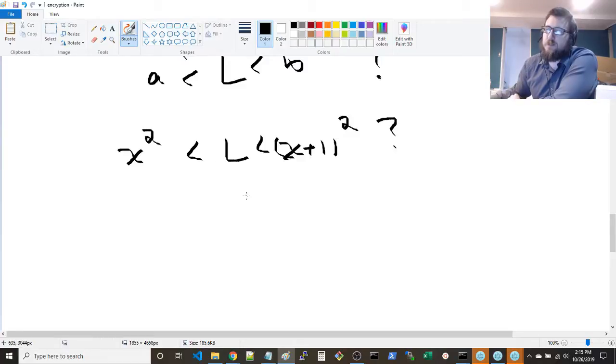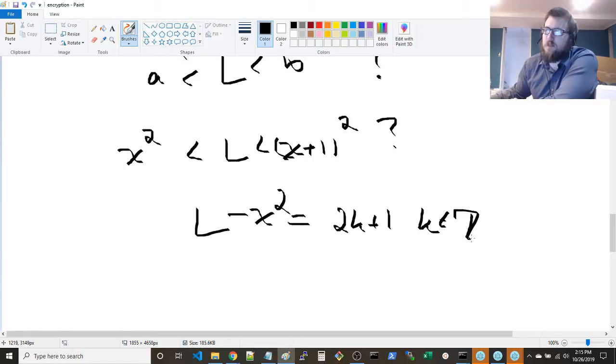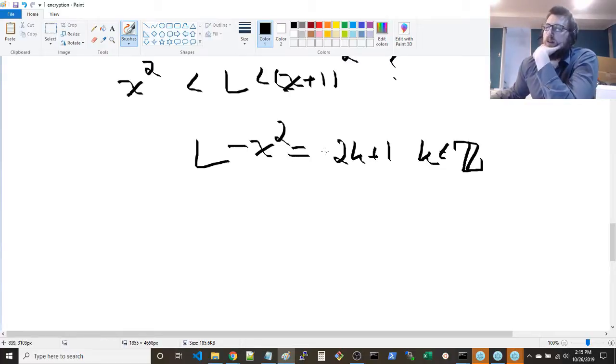If L is between these two, like if we did L minus X squared is equal to some 2k plus 1, where k is an integer, if you knew that this difference is odd.